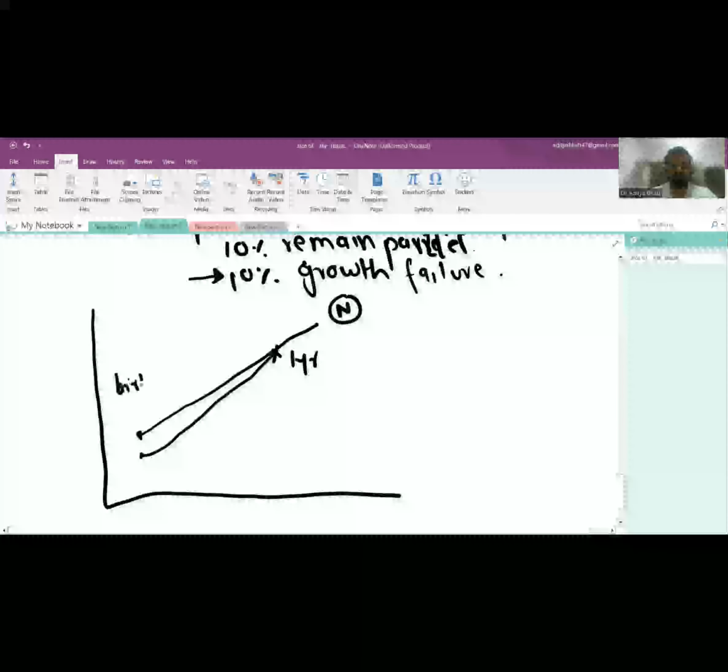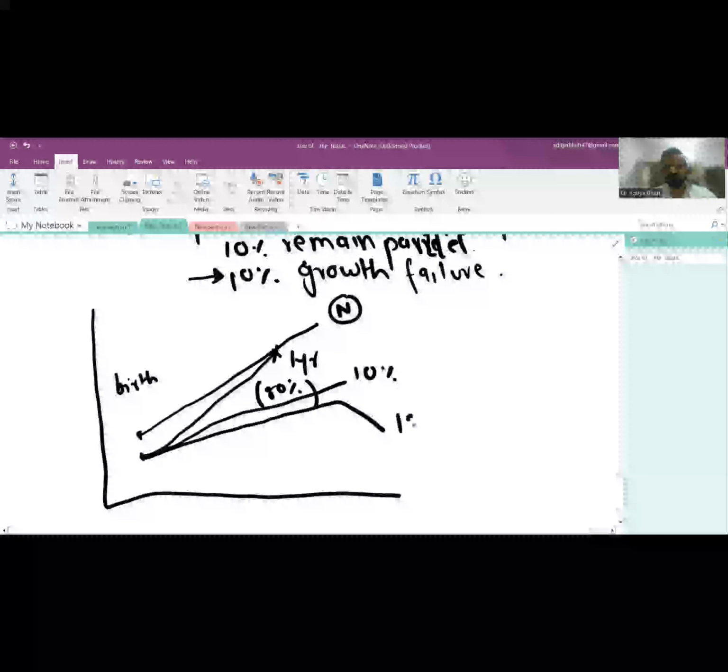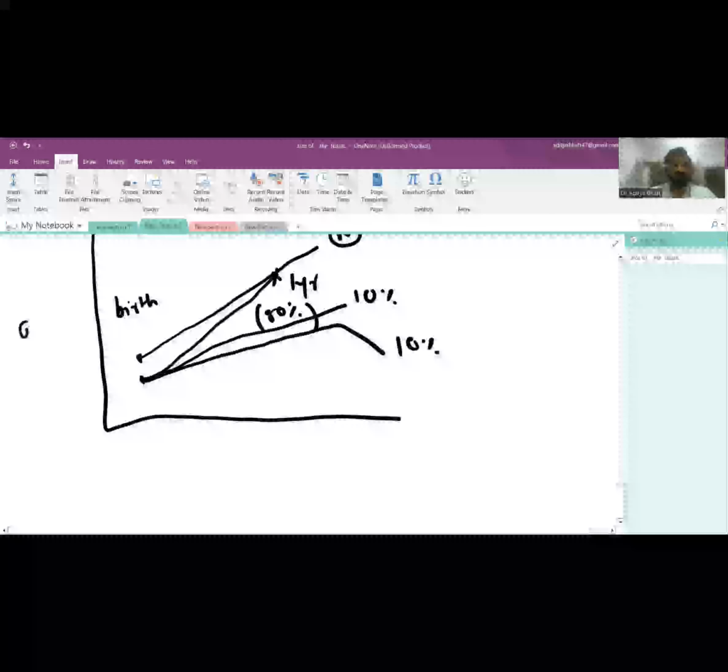This is birth, and this is the 80% that we have seen over here. 10% of them begin here, and then they remain parallel like this, parallel to the normal growth, and the last 10% will falter. Either they will go parallel or they will falter like this. So 10% is here, 10% is here, and 80% is like this. This is the growth versus age graph, and you see something like this.